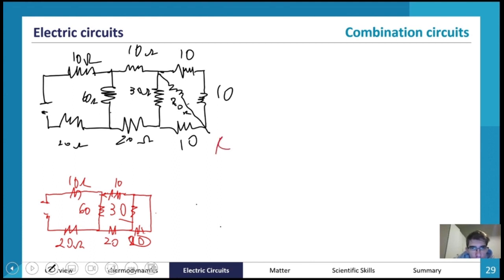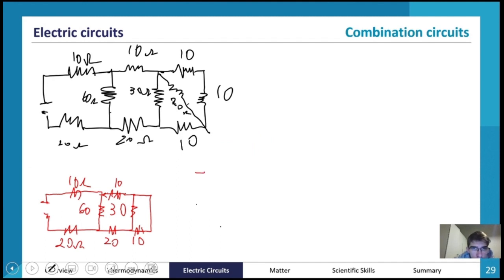So that would be R is equal to 1 on 30 plus 1 on 20. That's going to be 50 on 2, so that's 25 ohms. So this thing here, we would have to redraw and say that it is equal to 25 ohms, right?